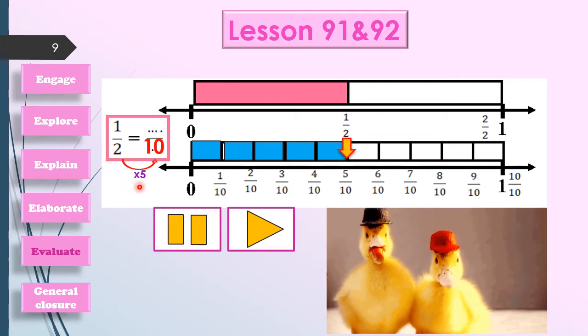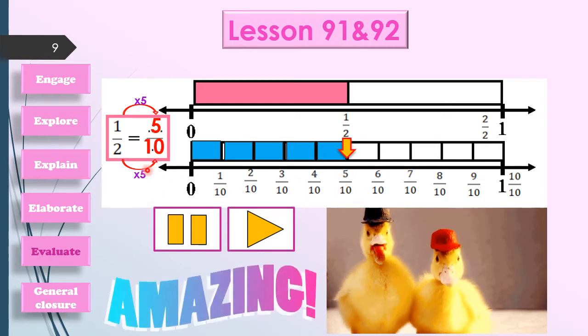As I multiply by 5 down, I will multiply by 5 up. Then 1 by 5 equals 5. Excellent, it will be half equals 5/10 mathematically. And mentally equals 5/10. It's the same. Good job. Excellent. Amazing.